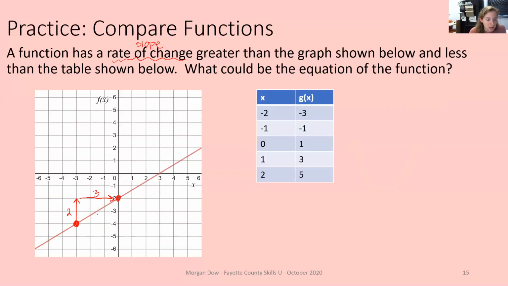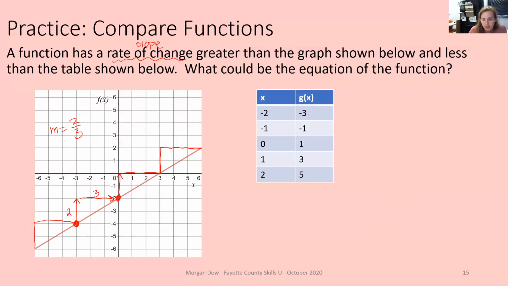So the slope of this graph, I had to go up 2 over 3. So the slope is 2 to 3, or 2/3. And you can see that that works all the way along this line. We can keep going up 2 over 3 all along the line.